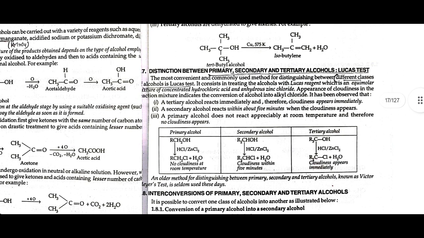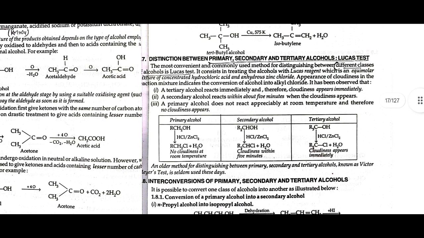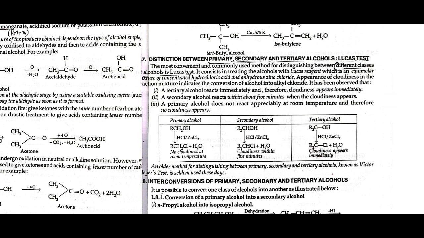Distinction between primary, secondary and tertiary alcohols. Lucas test. The most convenient and commonly used method for distinguishing between different classes of alcohols is the Lucas test. It consists in treating the alcohols with Lucas reagent, which is an equimolar mixture of concentrated hydrochloric acid and anhydrous zinc chloride.